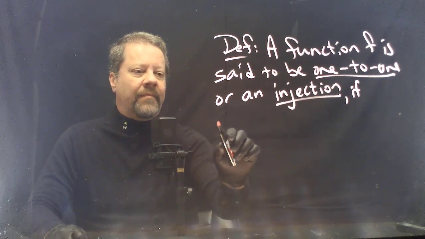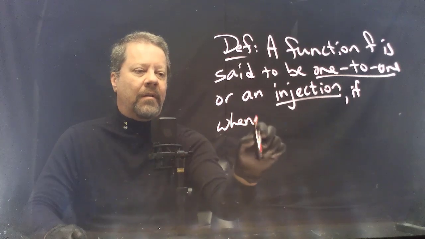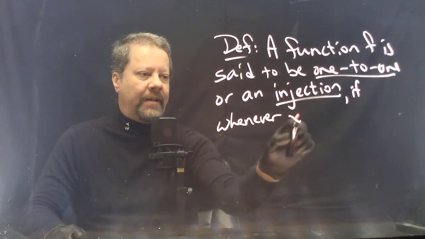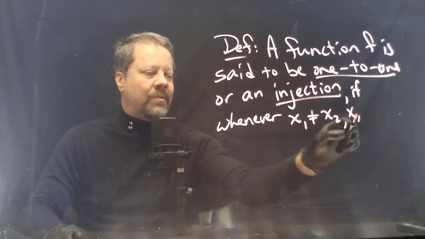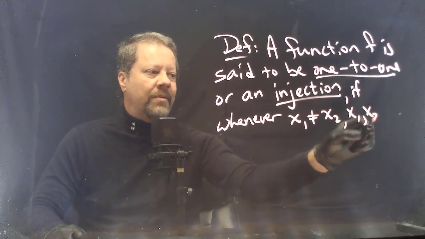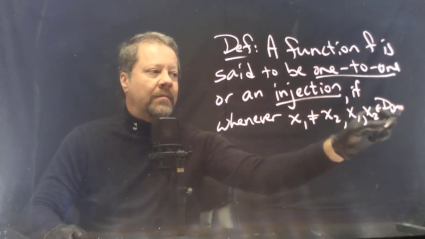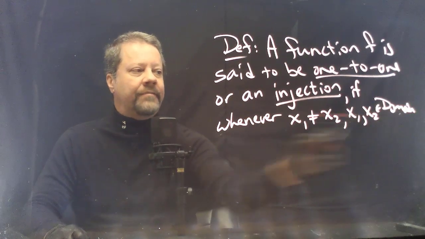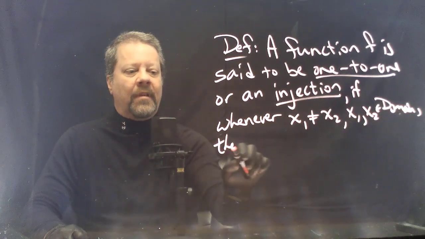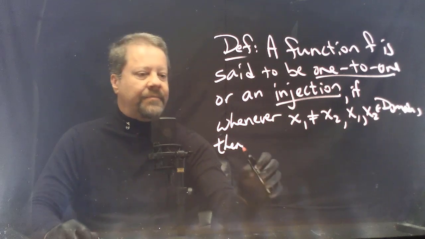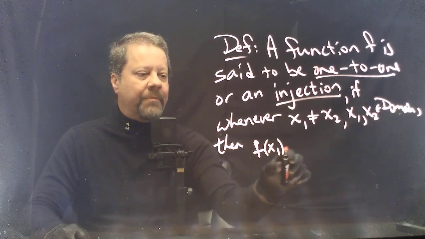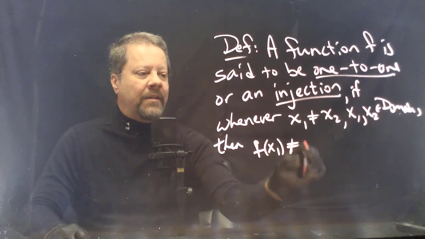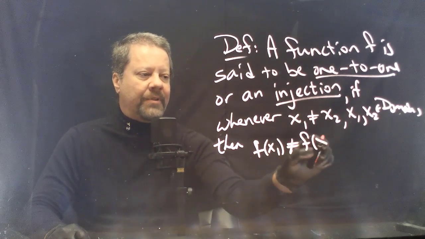If whenever x1 is not equal to x2, where x1 and x2 are in the domain of f, then f of x1 is not equal to f of x2. If we have different points in the domain, then you'll have to have different outputs as well.